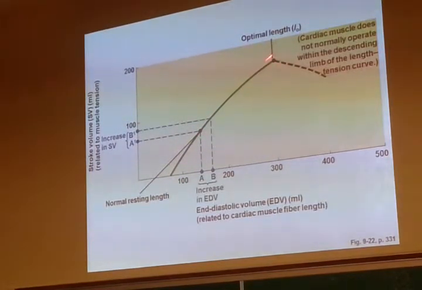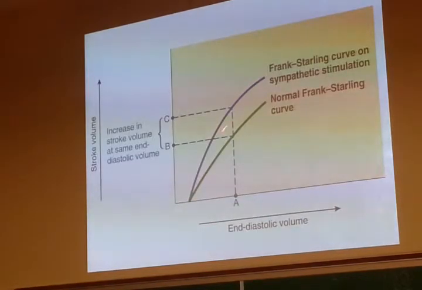This is our normal resting curve. Then the next thing they did was compare that normal curve to the constant end diastolic volume plus varying the sympathetic input. So they're varying sympathetic input, and this is just one point on the sympathetic input graph.